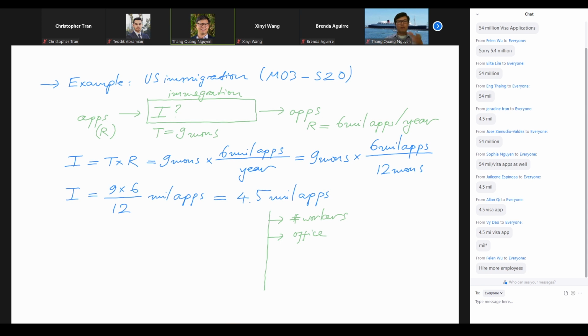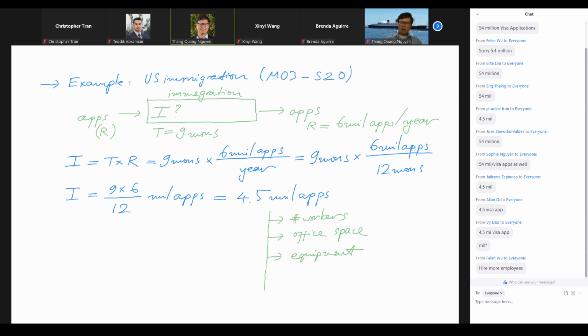Otherwise, how can you protect all of the communication? So office space, equipment, like computers, like a whole host of furniture that you have to have.